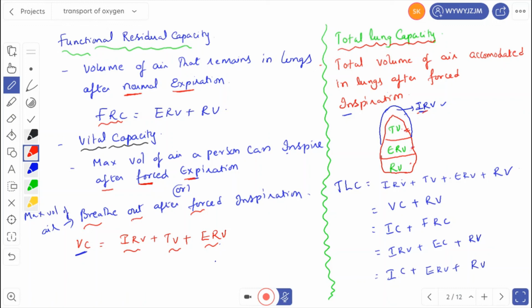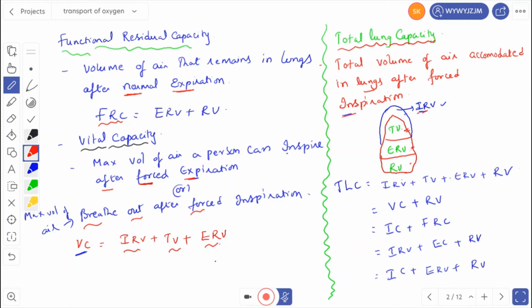Then what is total lung capacity? Total volume of air accommodated in the lungs after forced inspiration. What is the volume of air present in your lungs after forced inspiration? RV is always present, it always remains in the lungs.